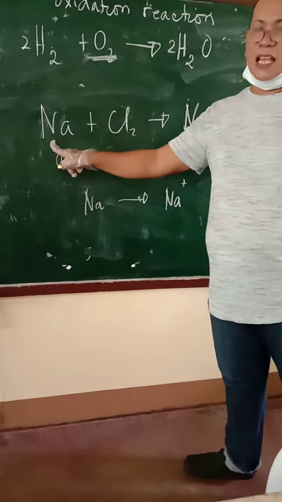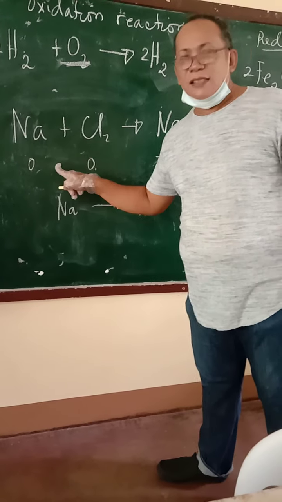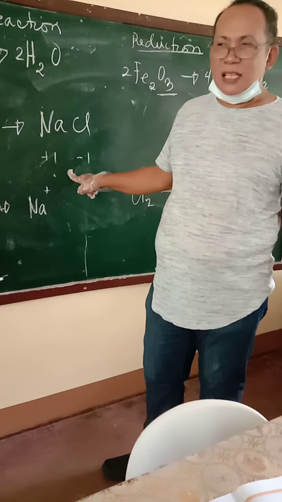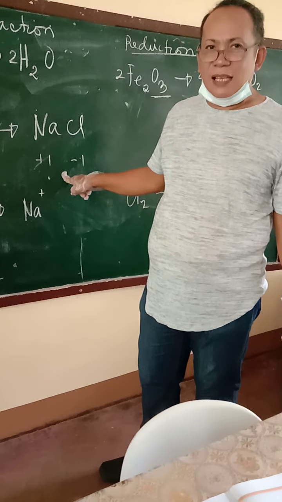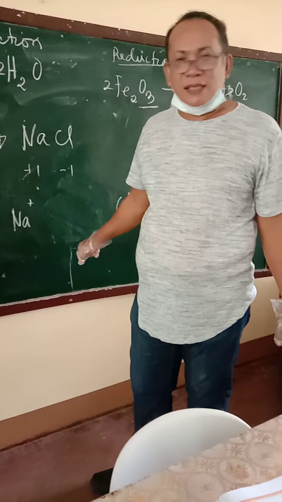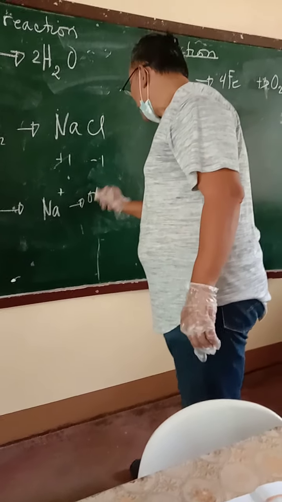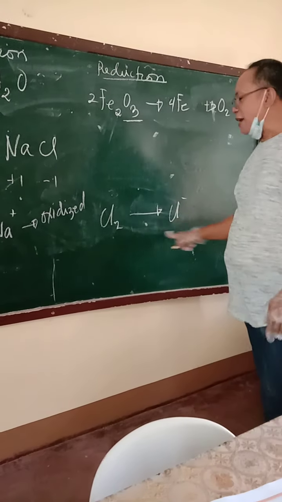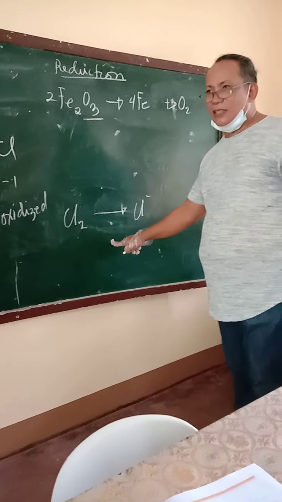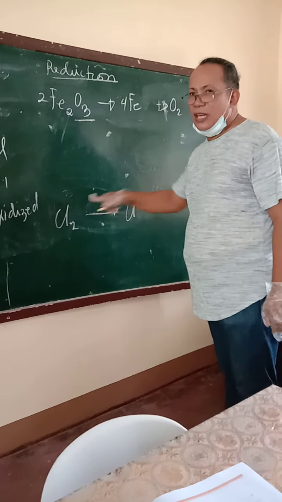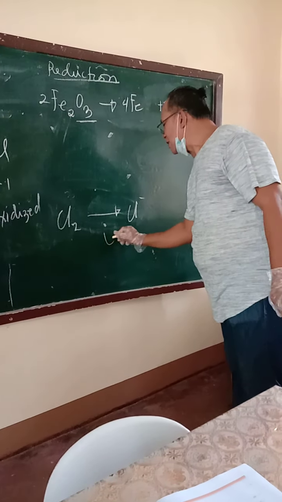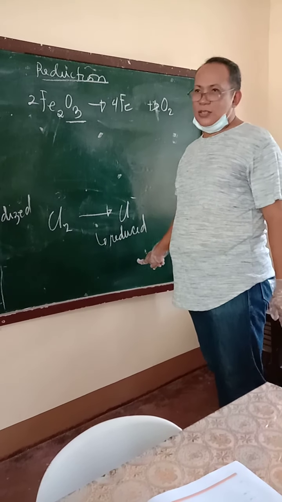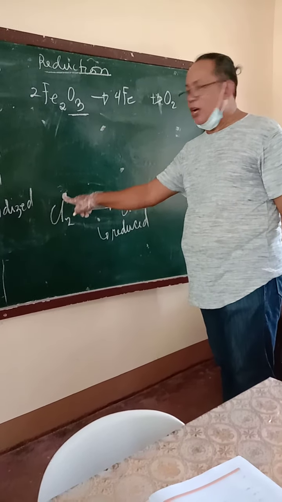Oxidation is losing of electrons, meaning this particular thing is what we call oxidized. Ni-oxidize siya, kay ni-lose siya of electrons. In the case for chlorine, ni-gain siya og electrons. Gikan sa 0, nahimo siyang negative. So, this is reduced.